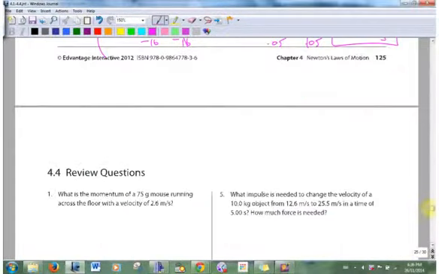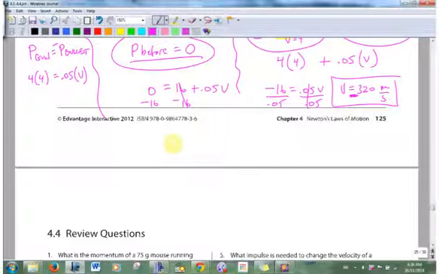So, questions you're going to do are page 125, number 2. That's the one I skipped right above here. Page 126, 4 and 6, and page 129, 14, 15.